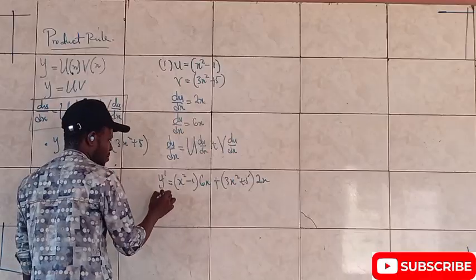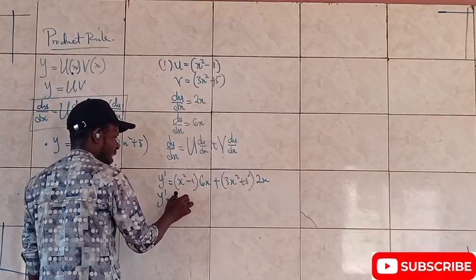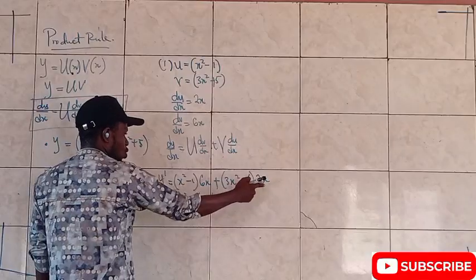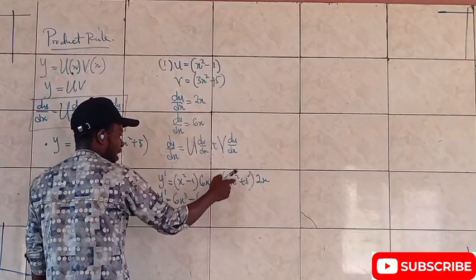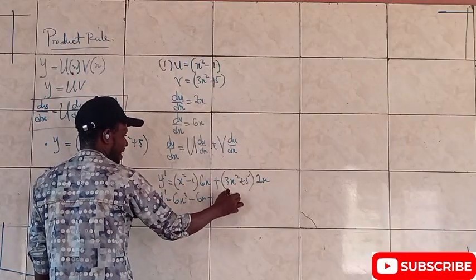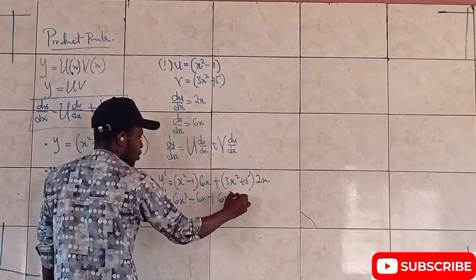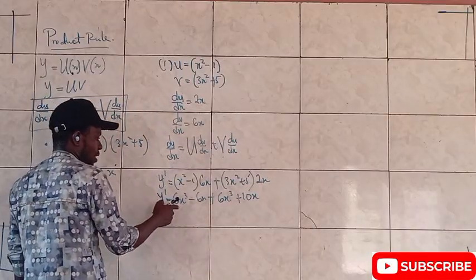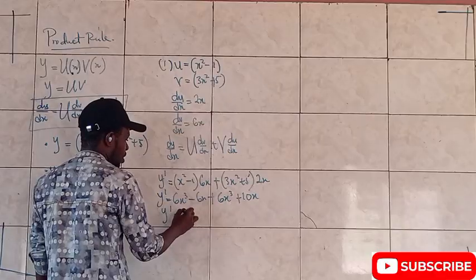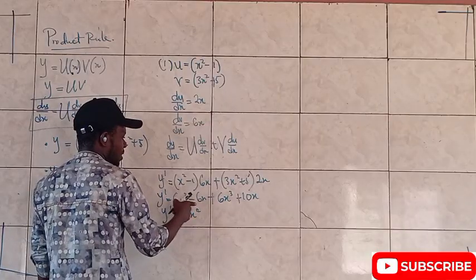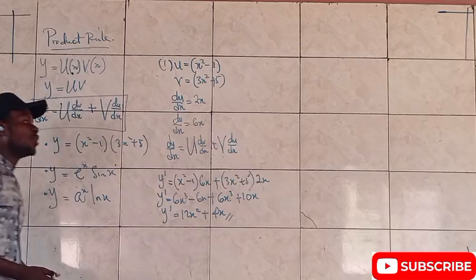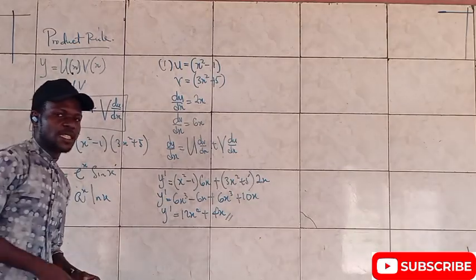I expand the bracket: I have 6x cubed minus 6x, then plus 2x times 3x squared, which is 6x cubed, then 2x times 5 gives me 10x. Then I do a simple addition. 6x cubed plus 6x cubed is 12x cubed. Minus 6x plus 10x is 4x, and that's my answer, without any stress.